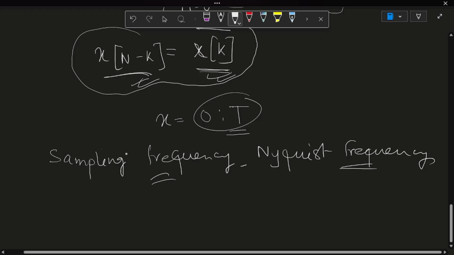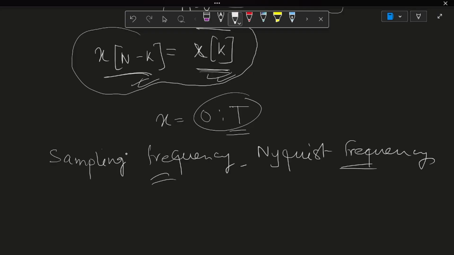Basically, up to how much frequency component will you know the information about the system? You cannot know up to infinite frequency.